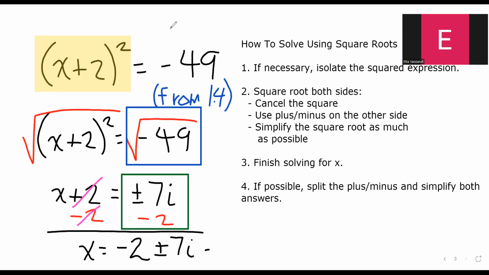So what happens next is you could write it as two answers. x equals -2 plus 7i, comma, -2 minus 7i. Sometimes when you take apart the plus minus, you can actually finish the two answers. Like if the i's weren't there, then I could finish them. -2 plus 7 is 5. -2 minus 7 is -9. But the i's are there. So I can't finish them. And this would be my final answer.